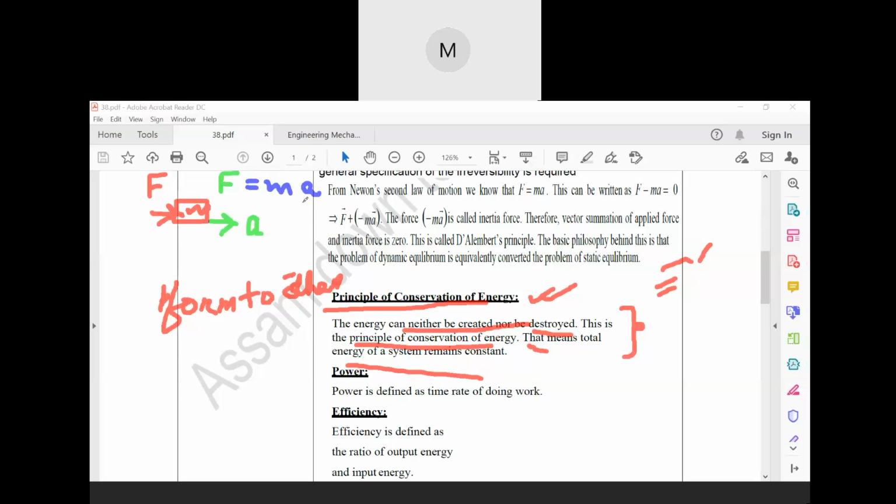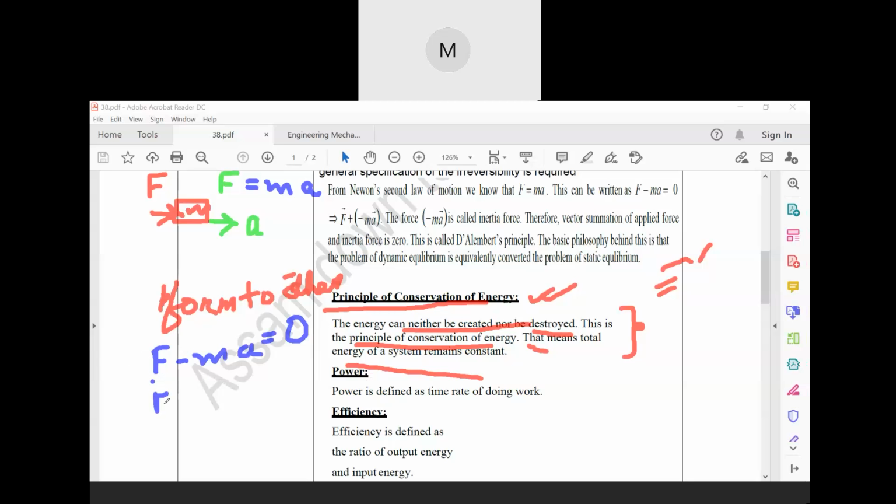So if F equal to MA, then we can write this like this: F minus MA is equal to what? 0. You can write this like this or not? Yes, sir.